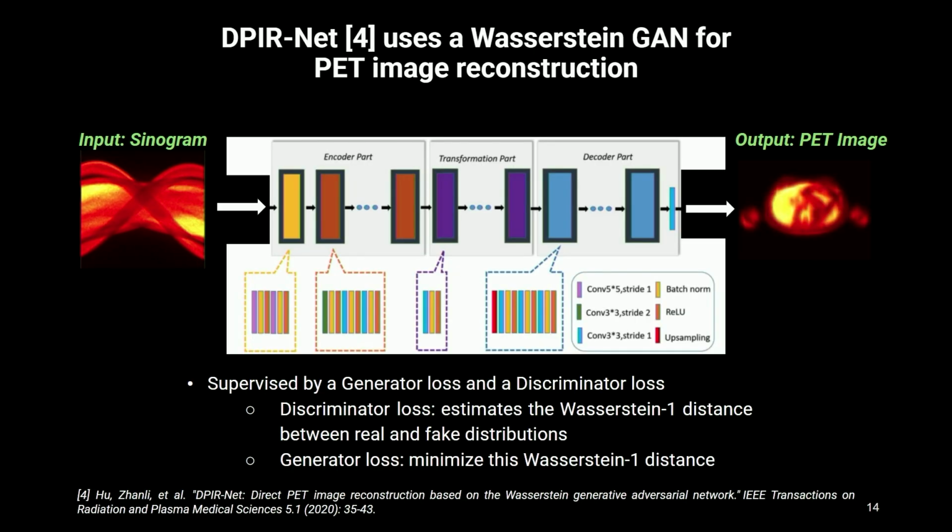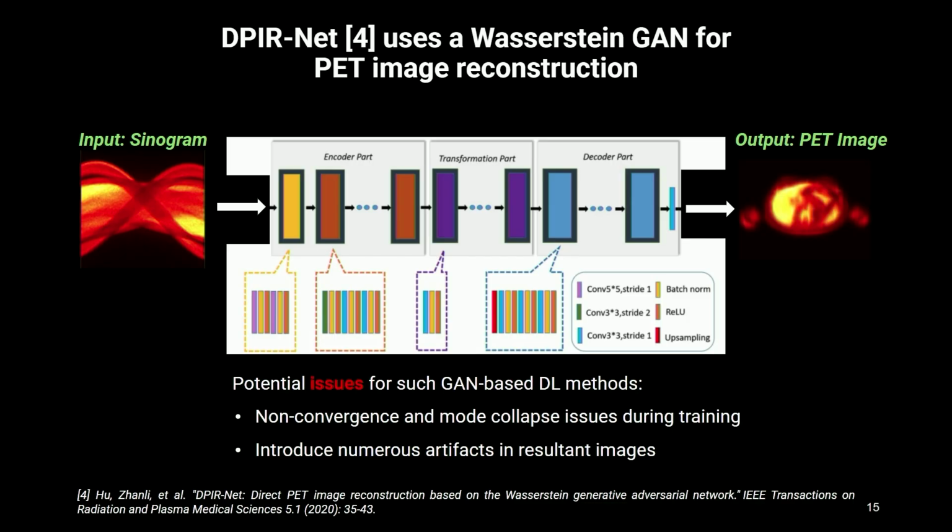So in order to improve the perceptual quality, some works started using advanced deep learning techniques, the generative models. One typical family of generative models is generative adversarial networks, the GANs. For example, in this slide, the DPLR-net introduces a GAN-based architecture with a Wasserstein loss to generate more realistic PET images.